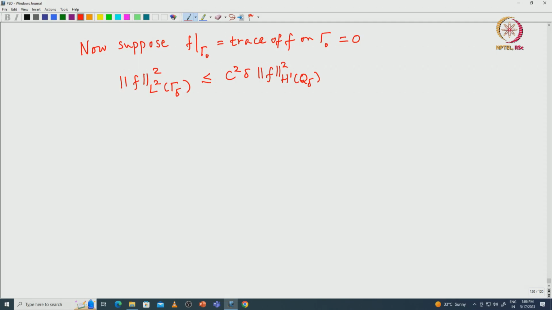Okay. So, now for example, we can take, so this again is a technical thing. So, you can fix this delta less than or equal to some rho 0, and so you fix rho 0 such that this q rho 0 is in omega. Okay. So, I am just omitting that.